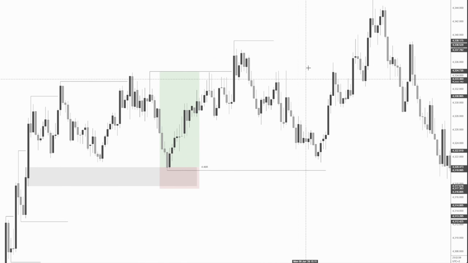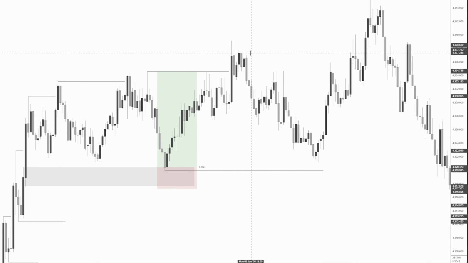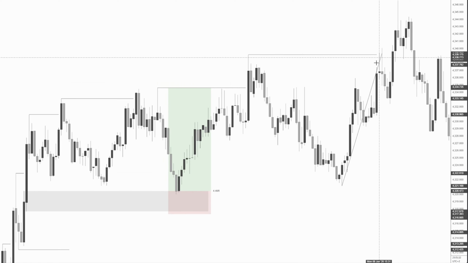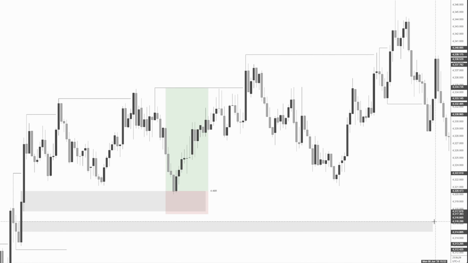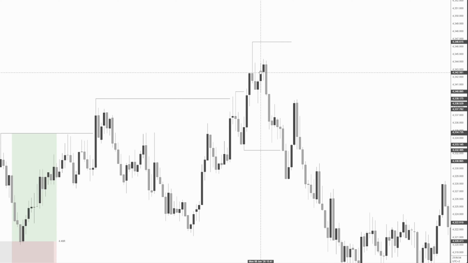Now in situations like these, you kind of just wait until either side breaks. Either side is fine. And when it breaks, make sure you update your layout. So the high gets moved up to there. After a break, this becomes the low, so you can discard this one. I am also going to mark out this as well. There we go. And continue moving up or down following the price.